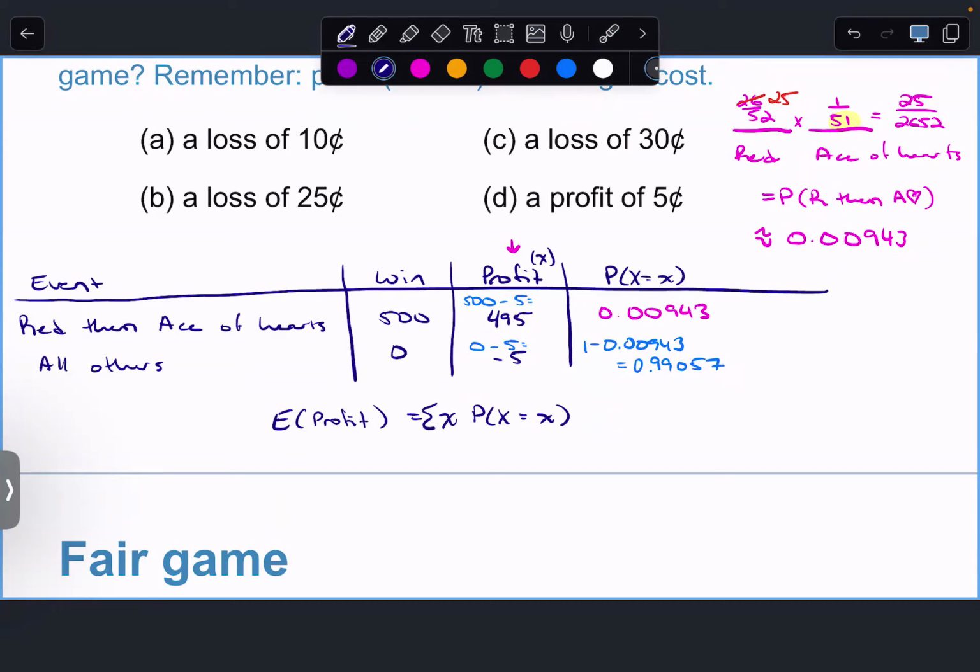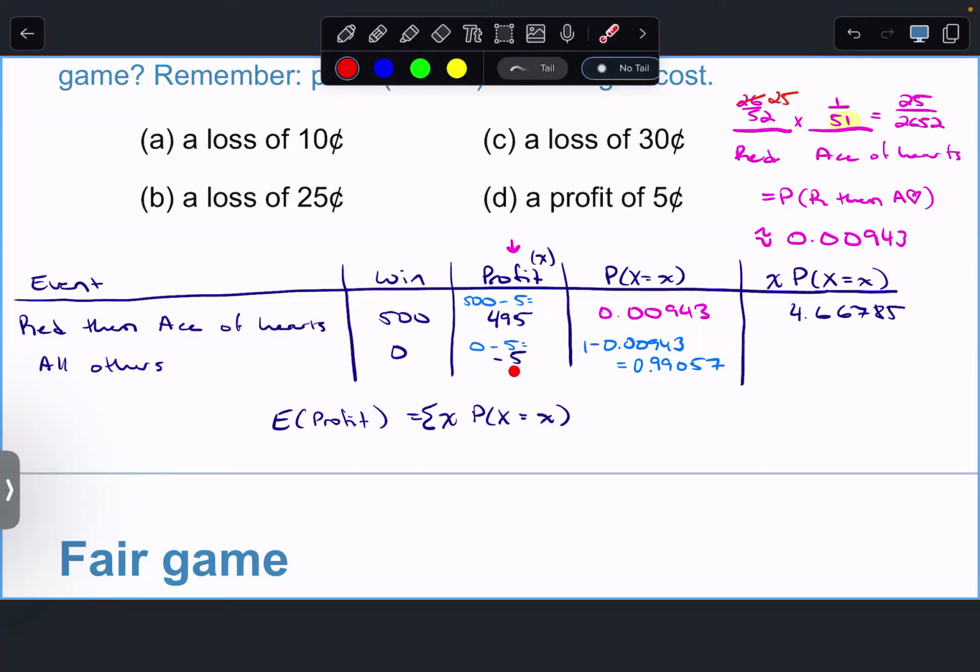Sorry, sum. There's only two, but I'll throw a sum in there. So next, I can find x times the probability that X is equal to x. The profit of 495 times 0.00943, 4.66785.